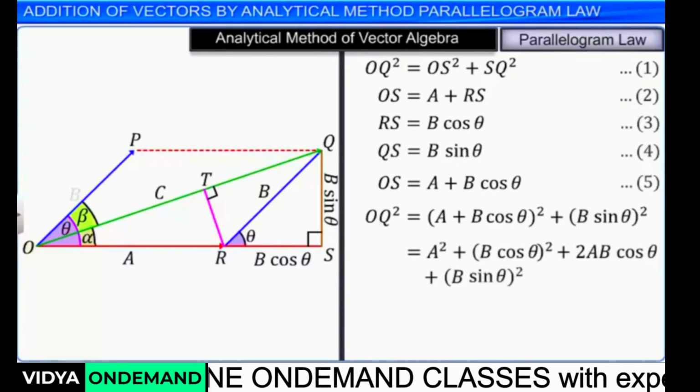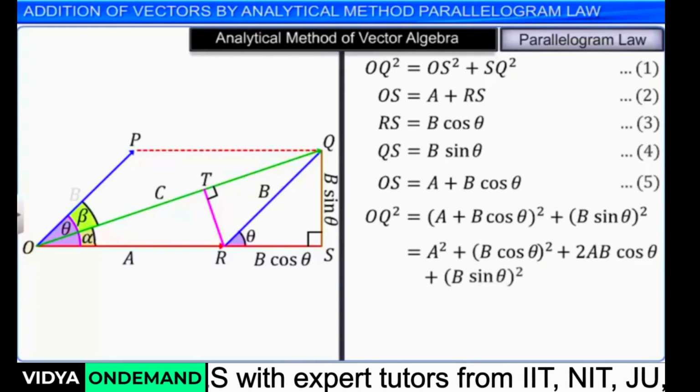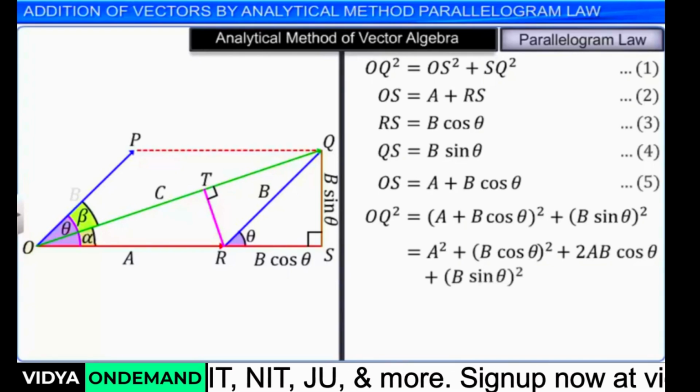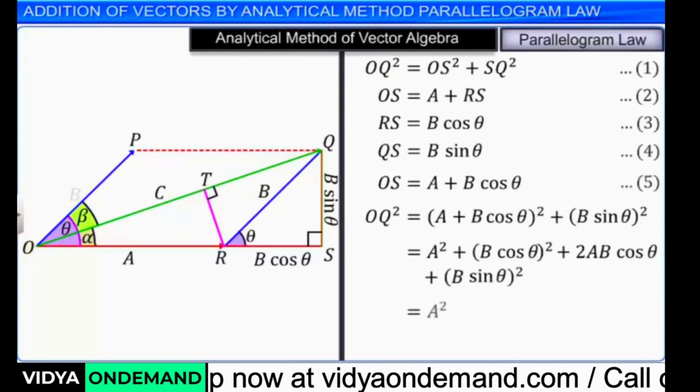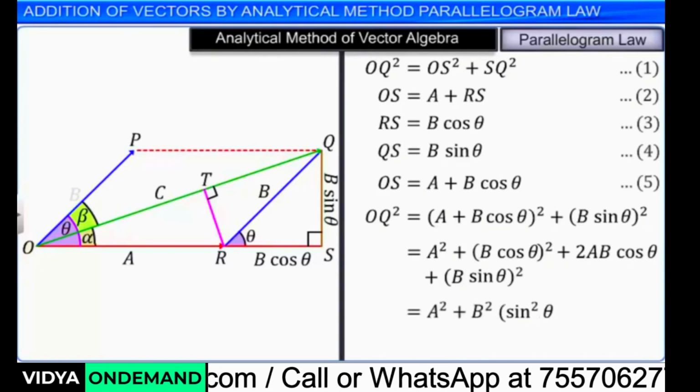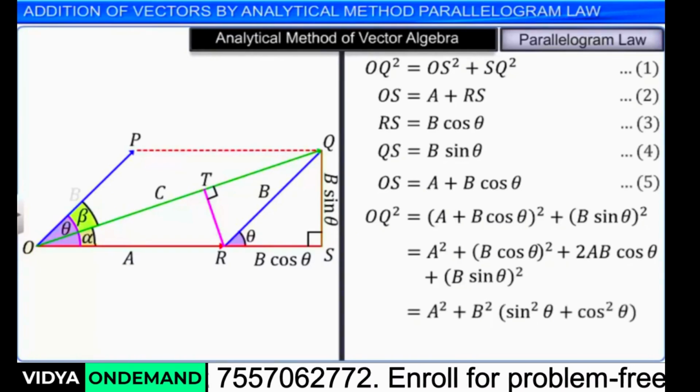C square is equal to A square plus B square plus 2AB cos theta. C is equal to square root of A square plus B square plus 2AB cos theta.